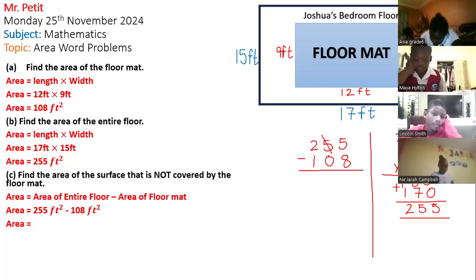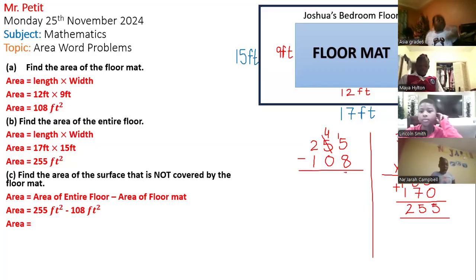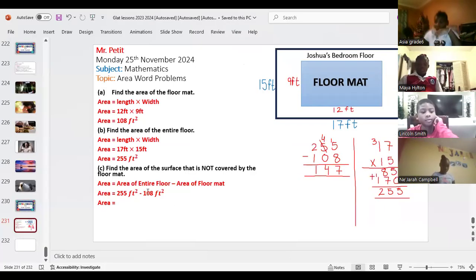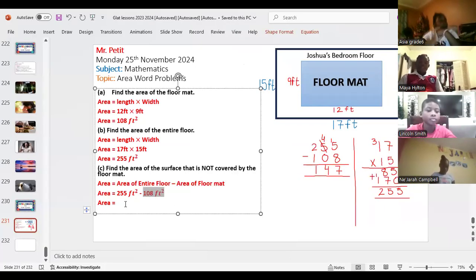This becomes 4, and we bring this here, it's going to be 15. 15 minus 8 is 7. 4 minus 0 is 4. 2 minus 1 is 1. So this is going to be 147 feet squared.